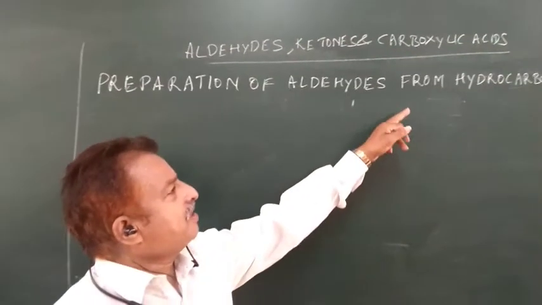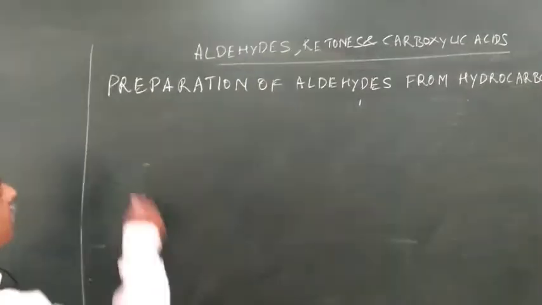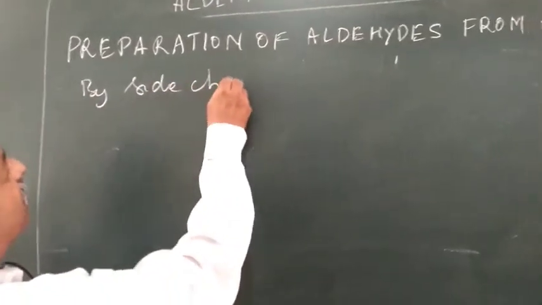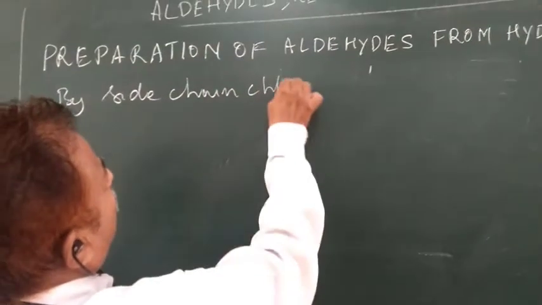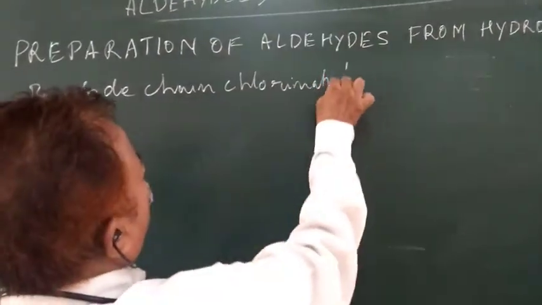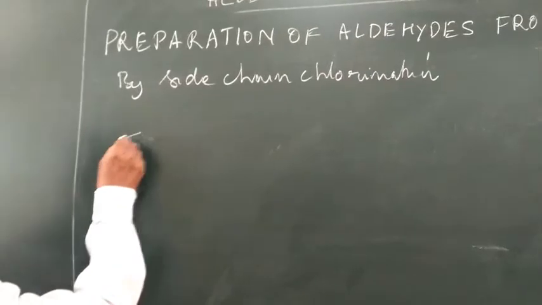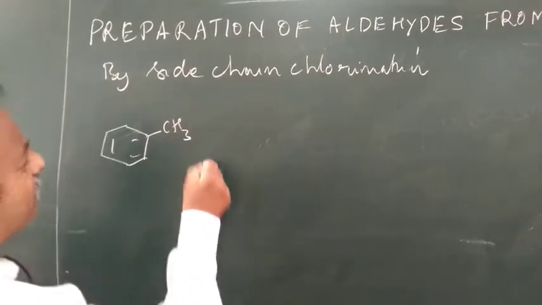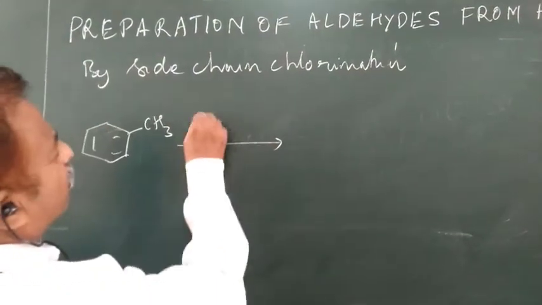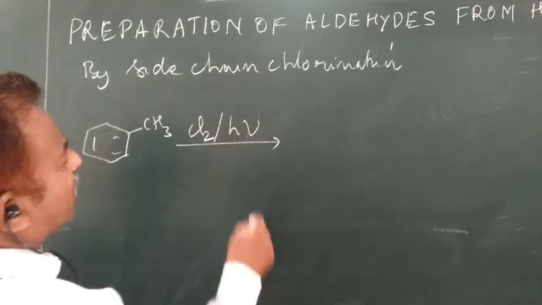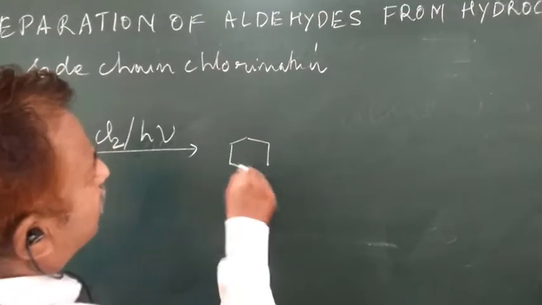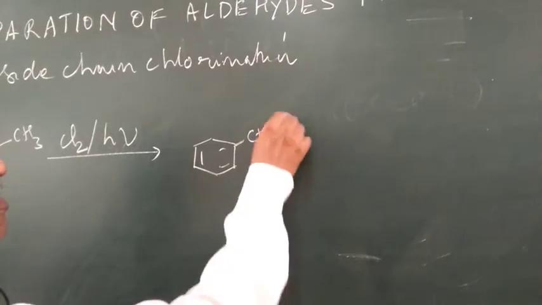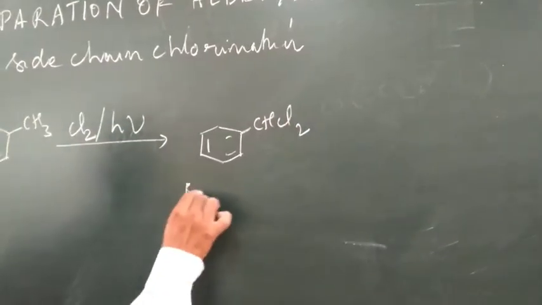Preparation of aldehydes from hydrocarbons by side chain chlorination. See here, toluene, C6H5CH3, treated with chlorine in the presence of sunlight, and we get C6H5CHCl2, benzal chloride.